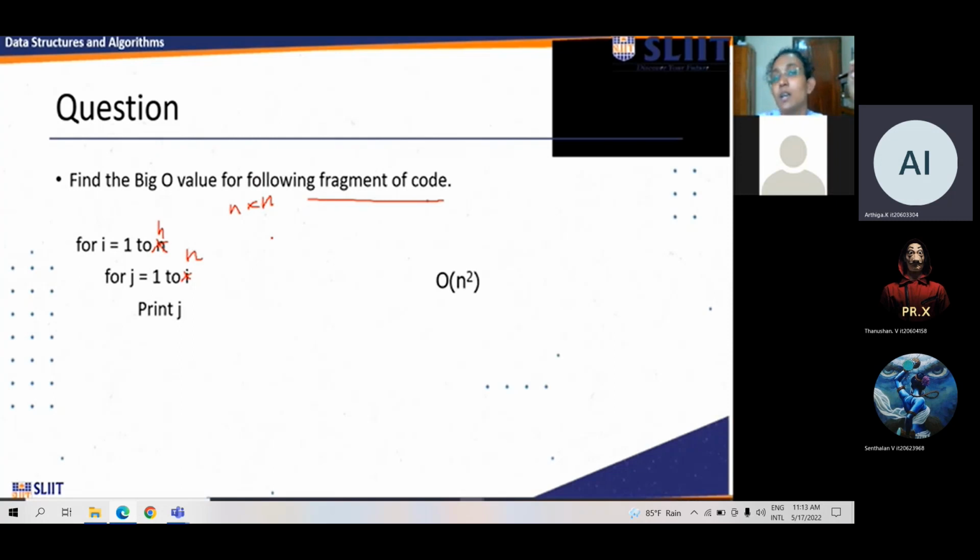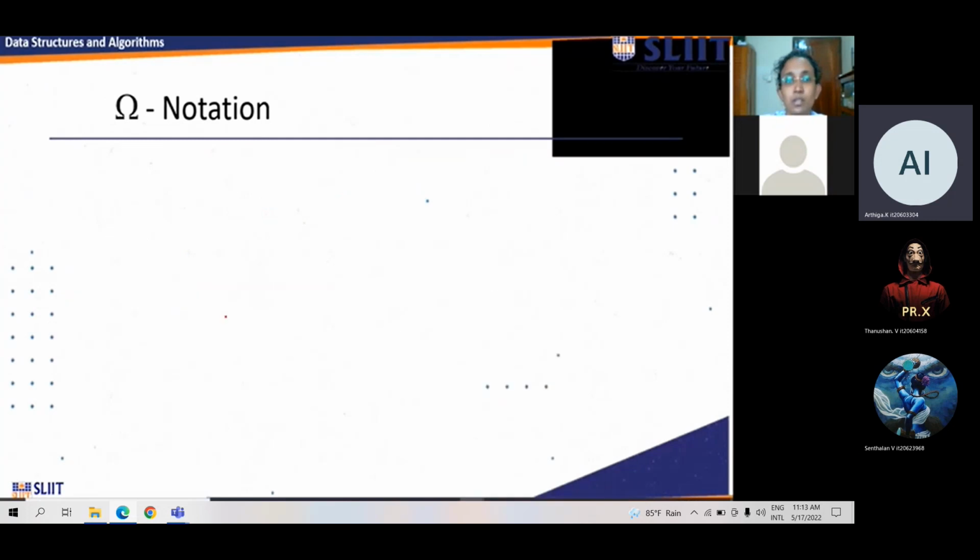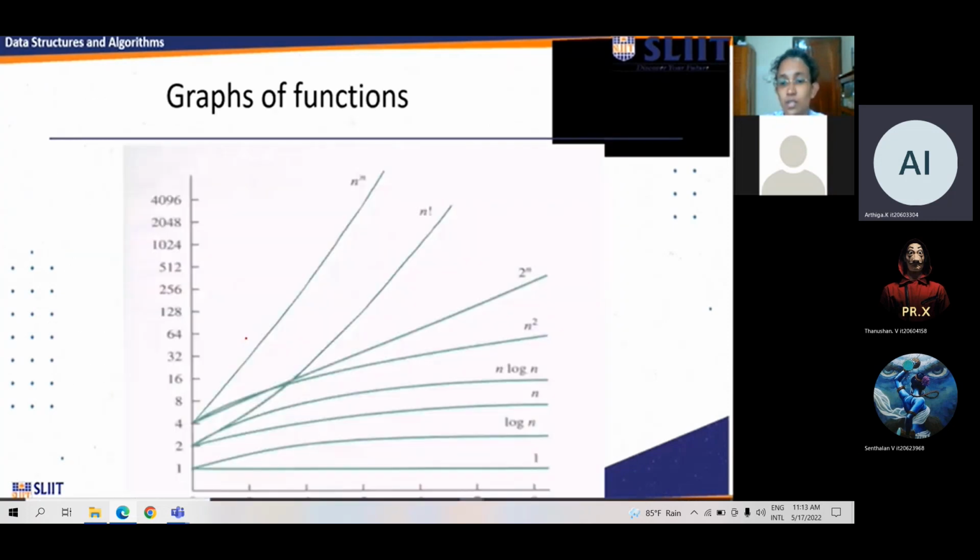So you can say that big O value is also n squared. Okay, if you don't know what is the final answer, it's n into n. You just think about how many total executions will be there, and that itself will be the big O value.